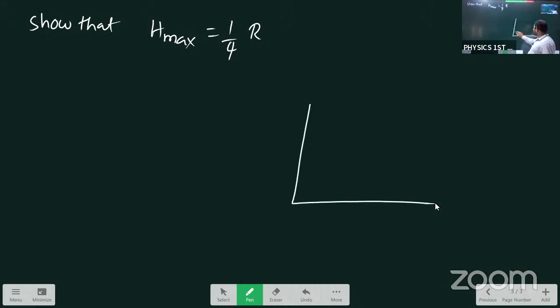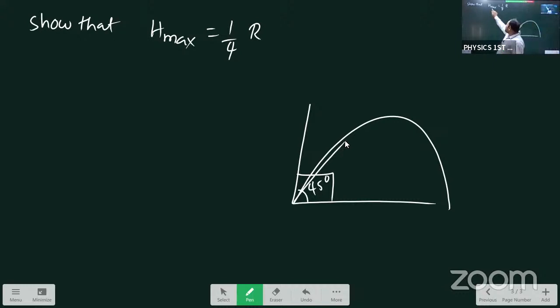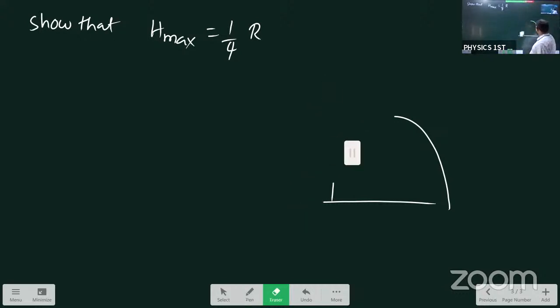This is the x-axis and y-axis, total 90 degrees; at 45 degrees a body is projected, going from the midpoint onwards. When a projectile moves at a 45 degree angle, then maximum height equals 1/4 of range.